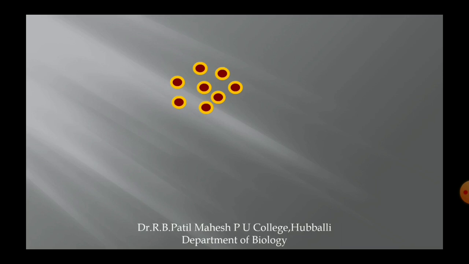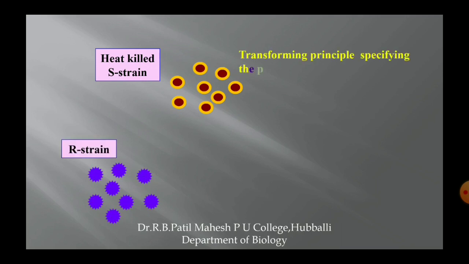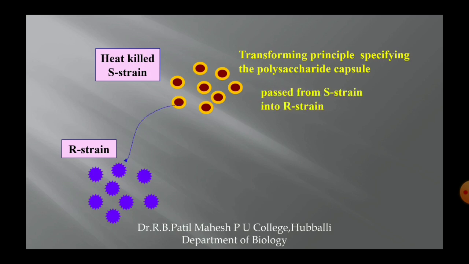And this creates the interesting aspect that some substances from heat-killed S cells enter the R cells, or the rough strains, which absorb some substances from live S cells or heat-killed S cells.